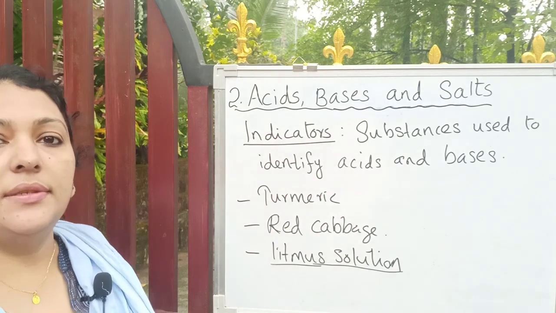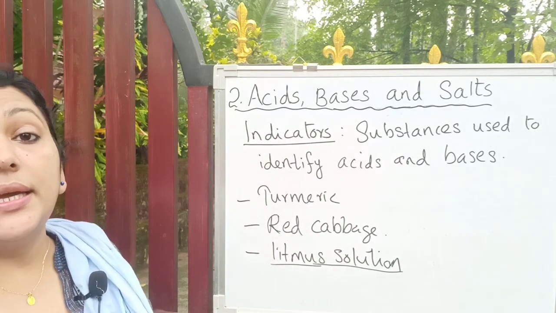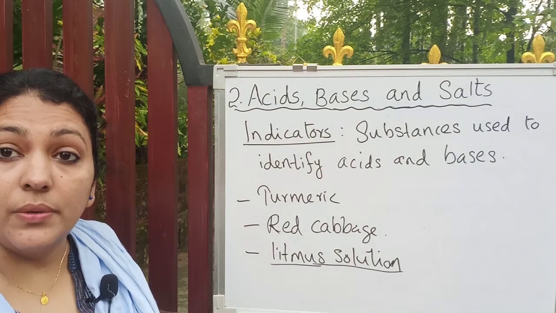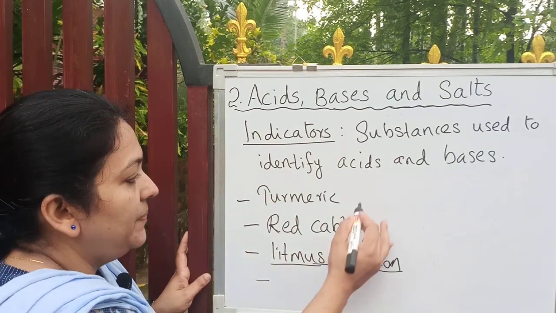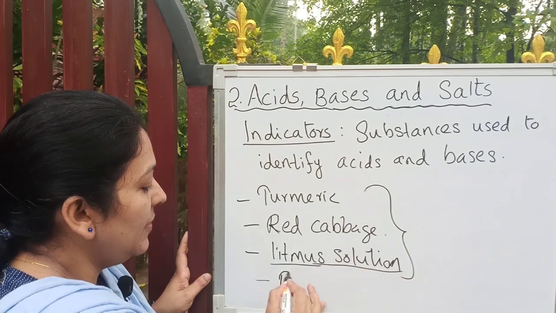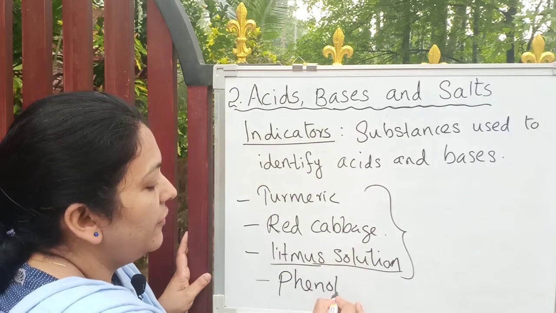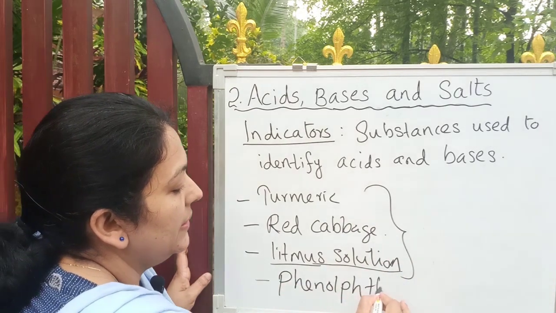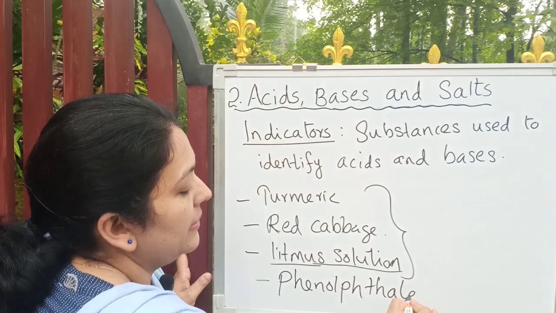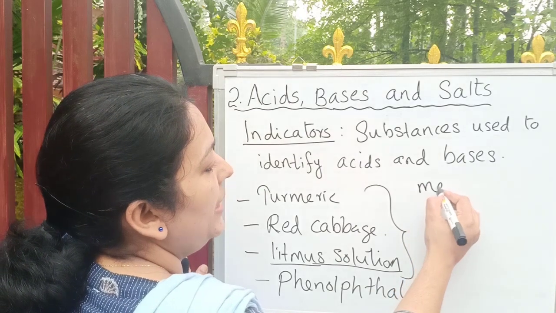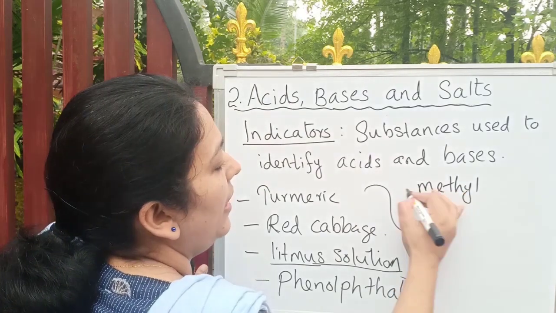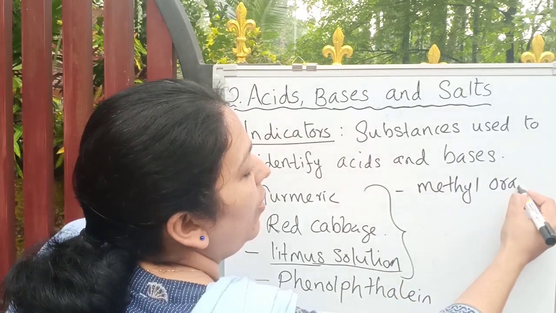Some synthetic or artificially made indicators are also there, which show different colors in different media. They are phenolphthalein and another one, methyl orange.